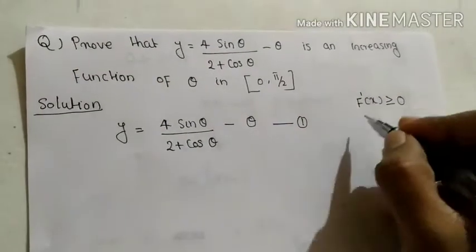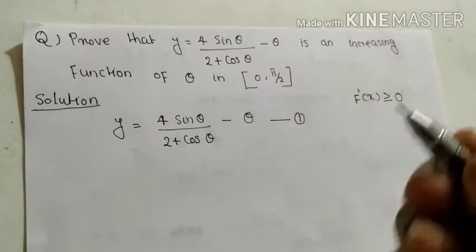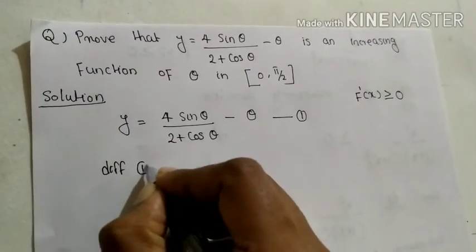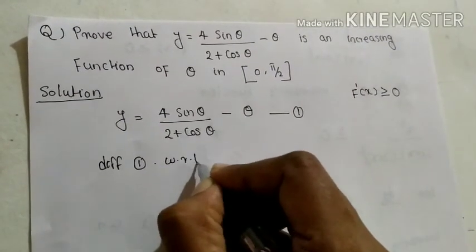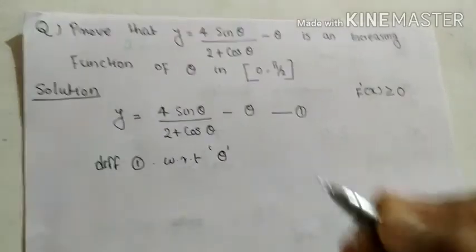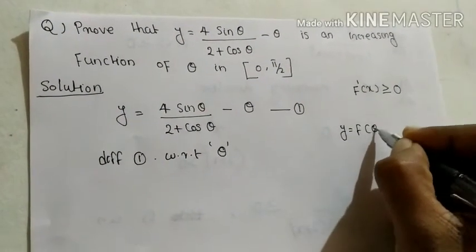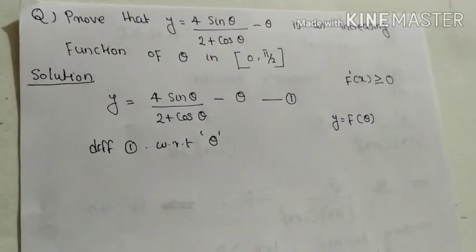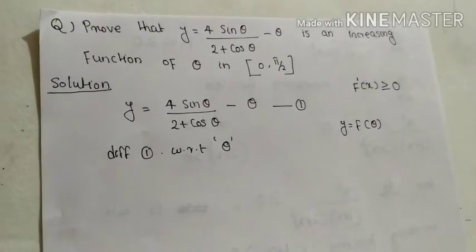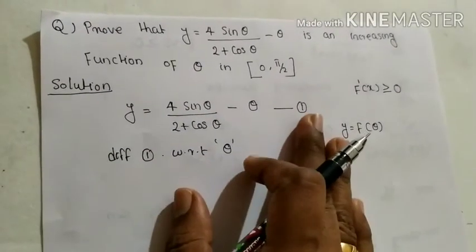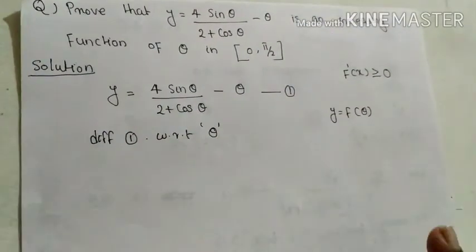Note that here y is a function of theta. So I am going to differentiate equation number 1 with respect to theta, not x, because y is a function of theta, not a function of x.